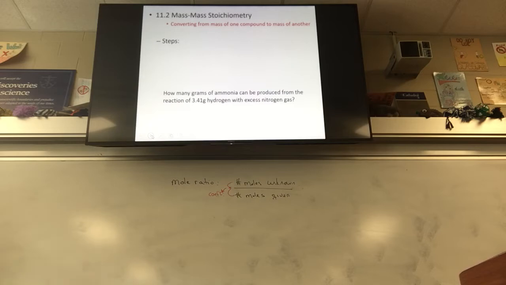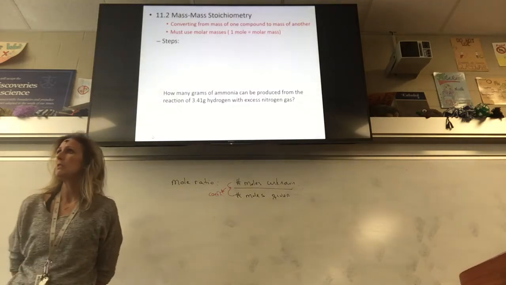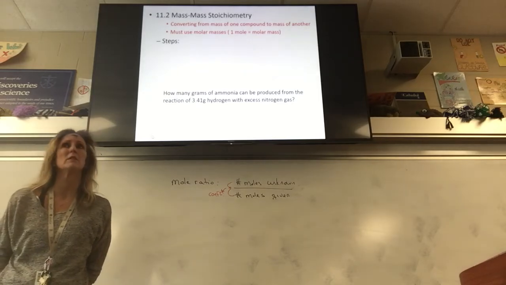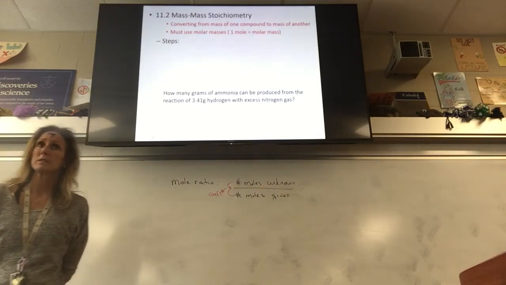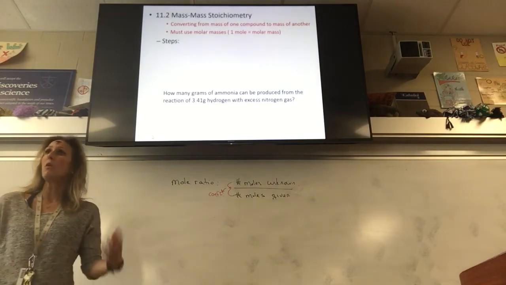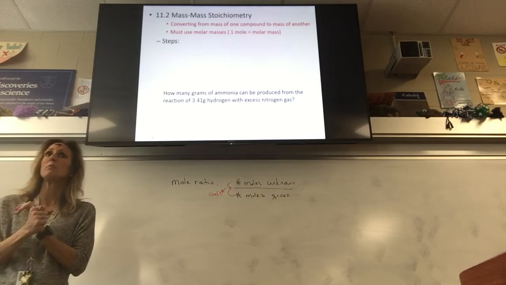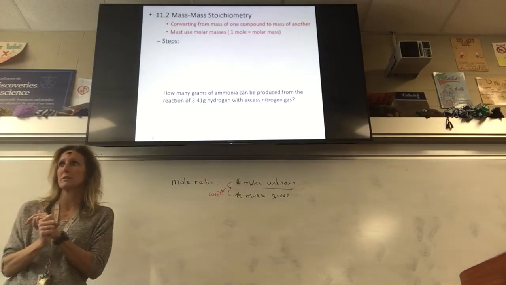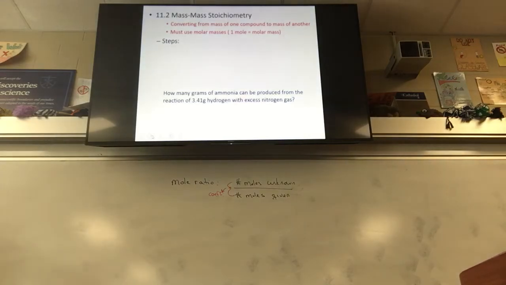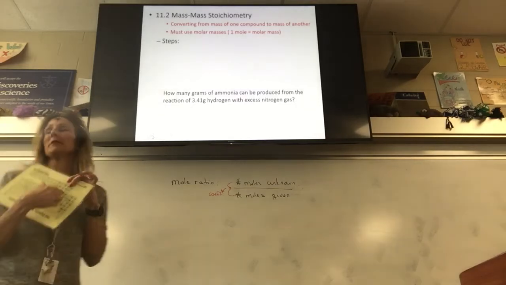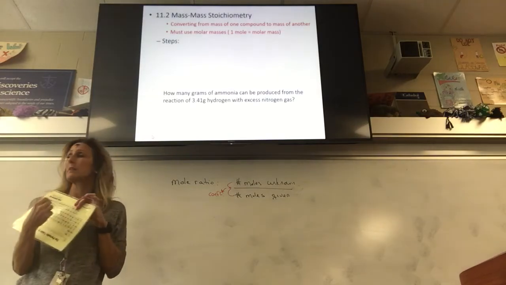And in this case, with these types of problems, we're starting with the mass of one and converting to the mass of another. Now, thinking back to our mole chapter, when we were dealing with masses, to get to moles or get from moles to mass, we had to use the molar mass of the substance, which means the periodic table to look up the masses, and you need to make sure you got the right formulas so you can add them up correctly.